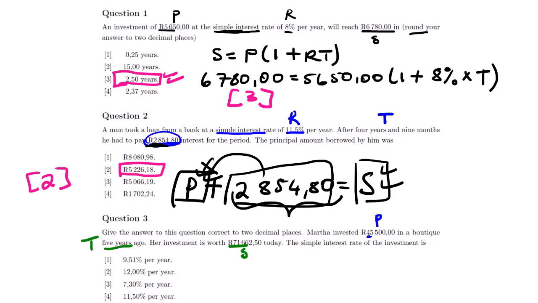So you can see that we are going to be using our equation again, since we have this keyword here, simple interest. So using our equation, we have S equals P(1 + RT). We can actually rearrange the equation before we substitute, but I normally prefer that we substitute and then work with numbers.